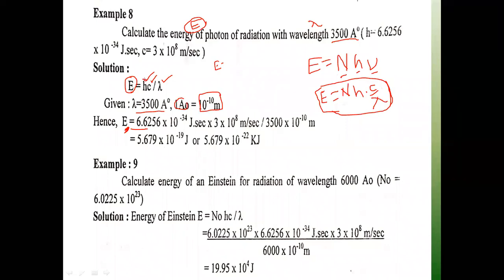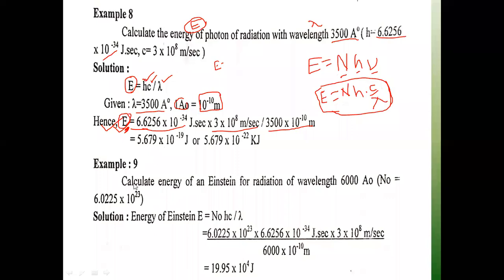The value of h is 6.6256 into 10 to the power minus 34, into the c value, divided by the wavelength value. After calculating all this, you get the energy of the photon. This is the E value.